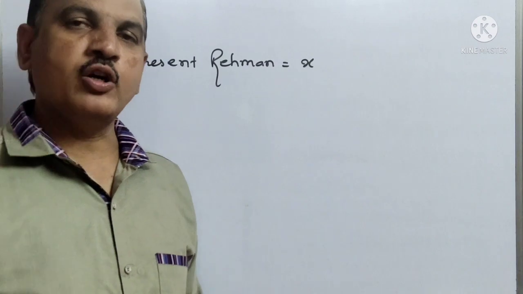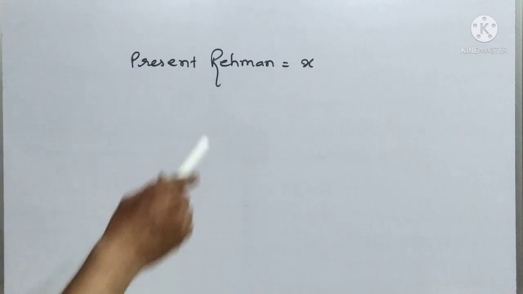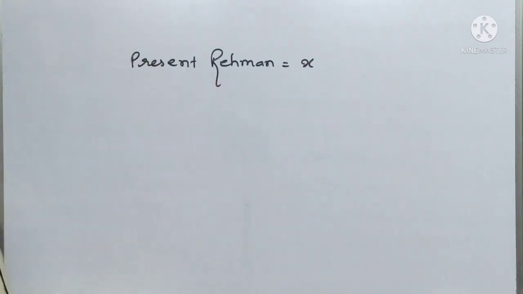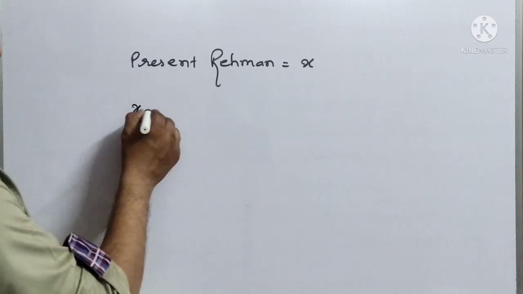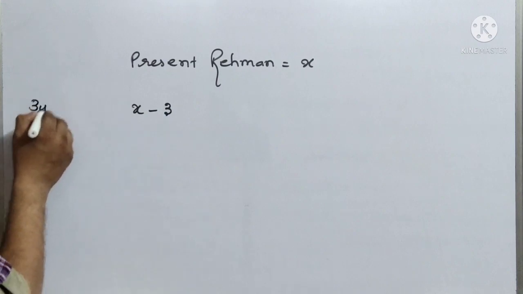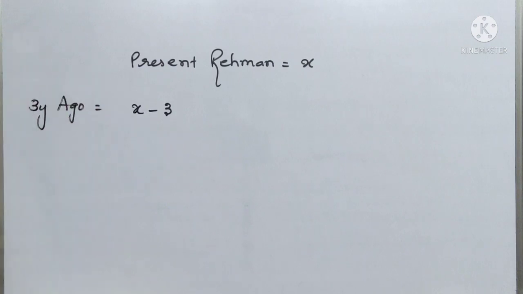So 3 years ago, you have to subtract 3 years from x. So that is Rahman's age 3 years ago. 3 years ago Rahman's age how much? X minus 3.